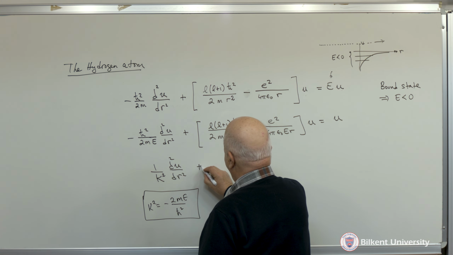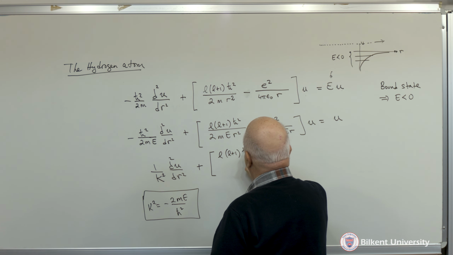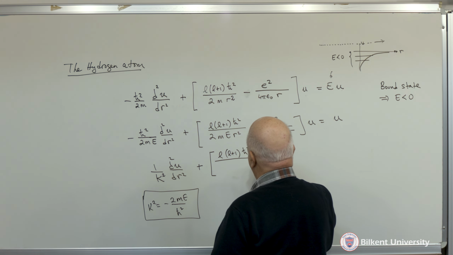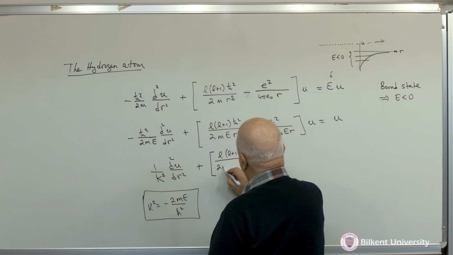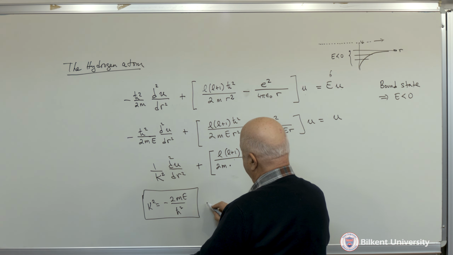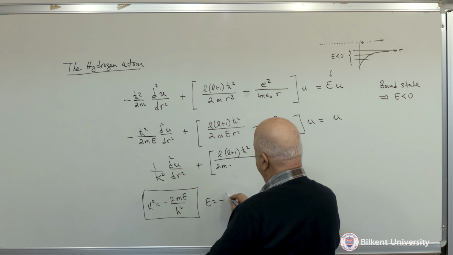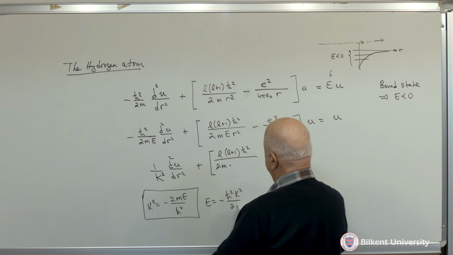Plus, I have this term, which is L plus 1 h bar squared divided by 2m. In place of E, let me put in this value. So E is going to be minus h bar squared k squared over 2m.